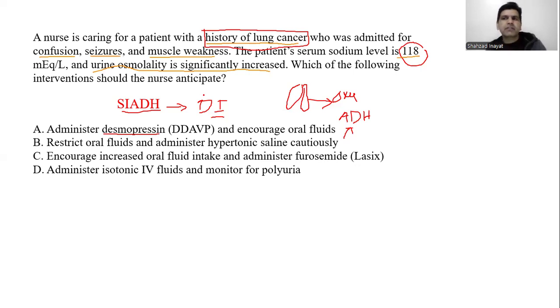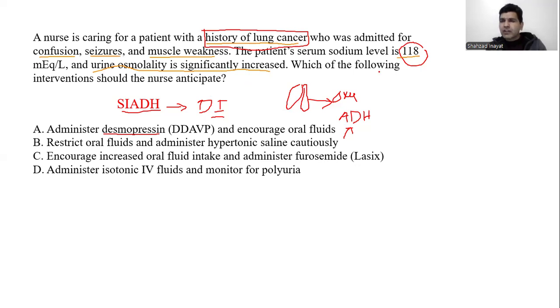In craniotomy patients or in cranial surgeries where there is a condition with DI, we use desmopressin nasal spray. So based on our knowledge and rationale, we use desmopressin in diabetes insipidus, not in SIADH.